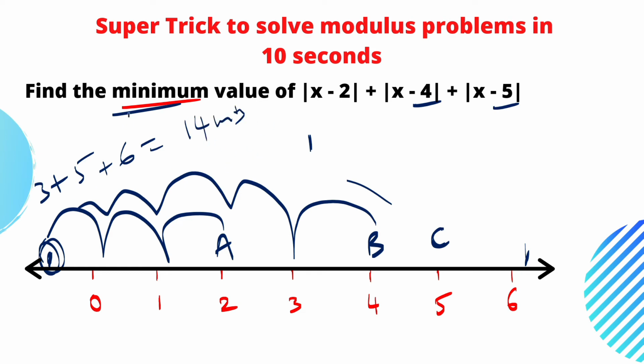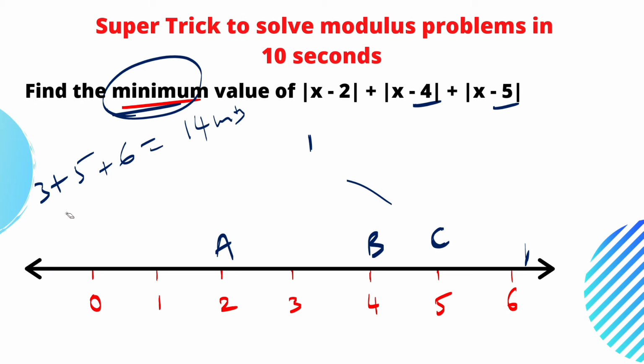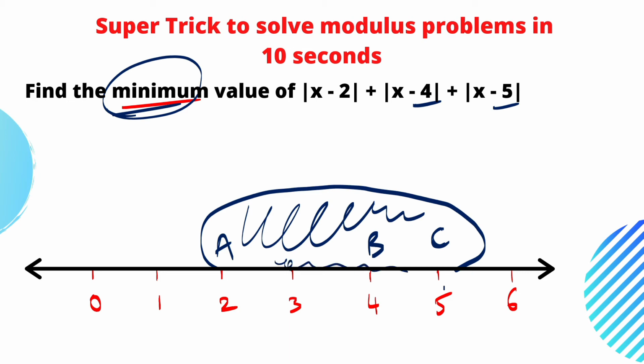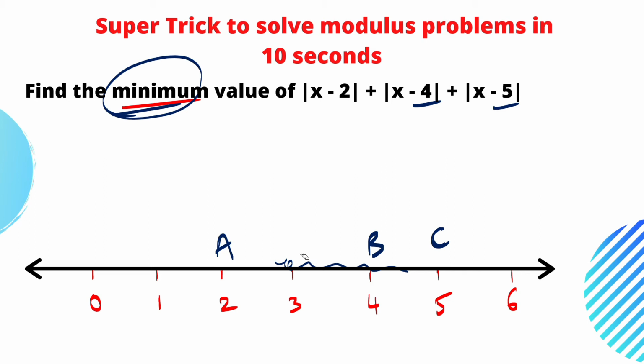But we want the minimum value, not the maximum value. So ignore the complete exterior part. Let us focus on the interior part. A, B and C, we have to make sure that they are meeting only in this range, somewhere in this range, but we have to minimize it as far as possible.